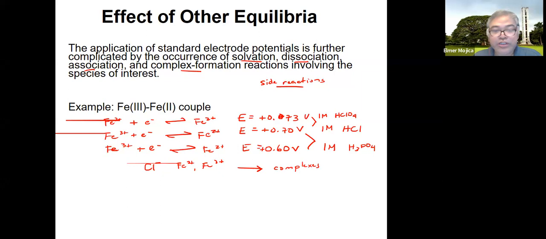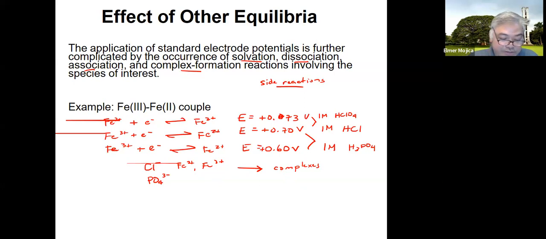Now, furthermore, if you have what? A phosphate. Phosphate from your phosphoric acid, there are complexes also that form, ferric phosphate or ferrous phosphate, and this further affects the net activity of your Fe2+ and Fe3+.